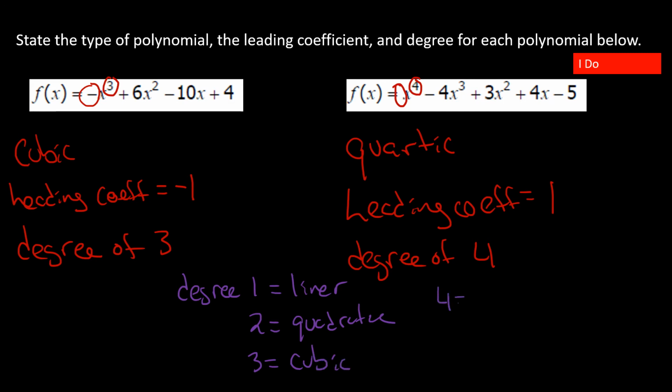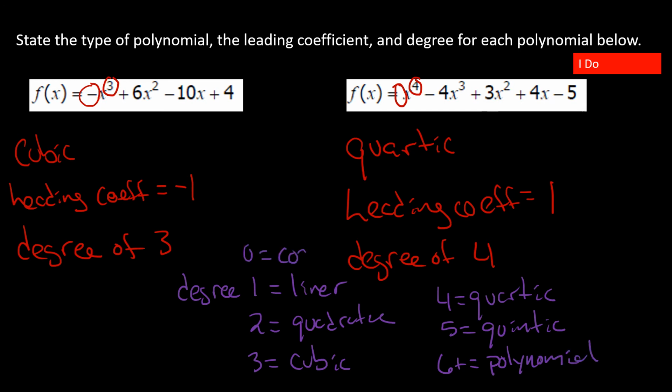Degree of 4 is quartic. Degree of 5 is quintic. And 6 plus is just referred to as a polynomial. Okay, we did skip 0. We're not going to be dealing with constants. Okay.